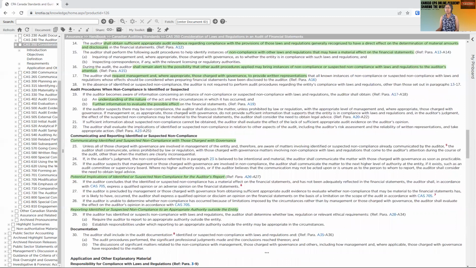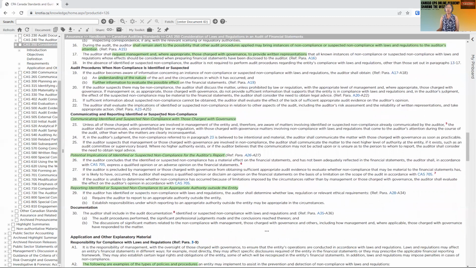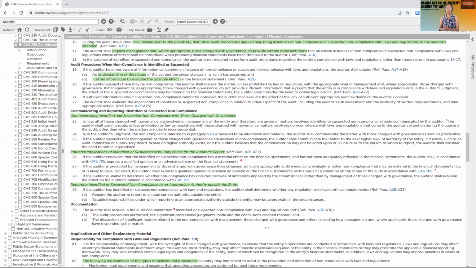Once the auditor has identified that there is non-compliance, what should be done? The first step would be to communicate that to the management and to those charged with governance, and talk to them about what has been identified.